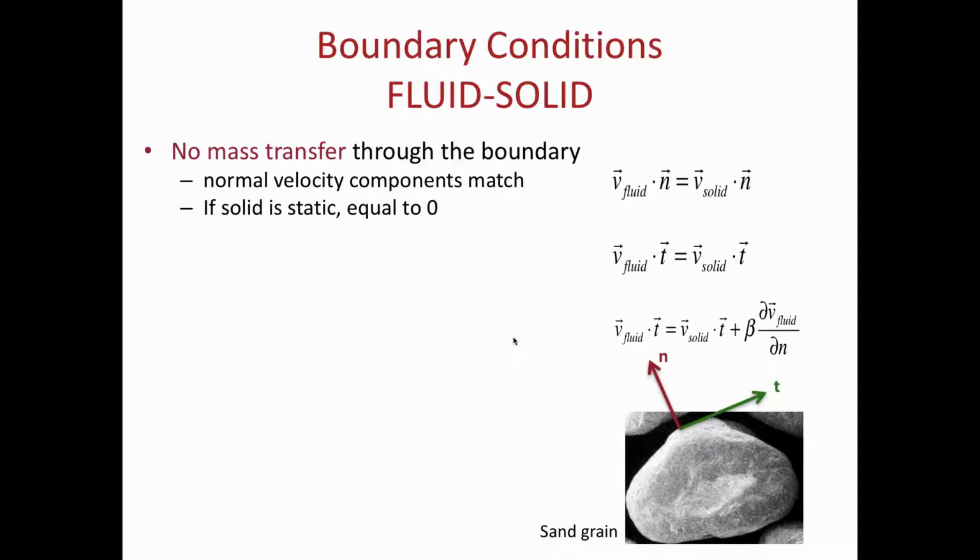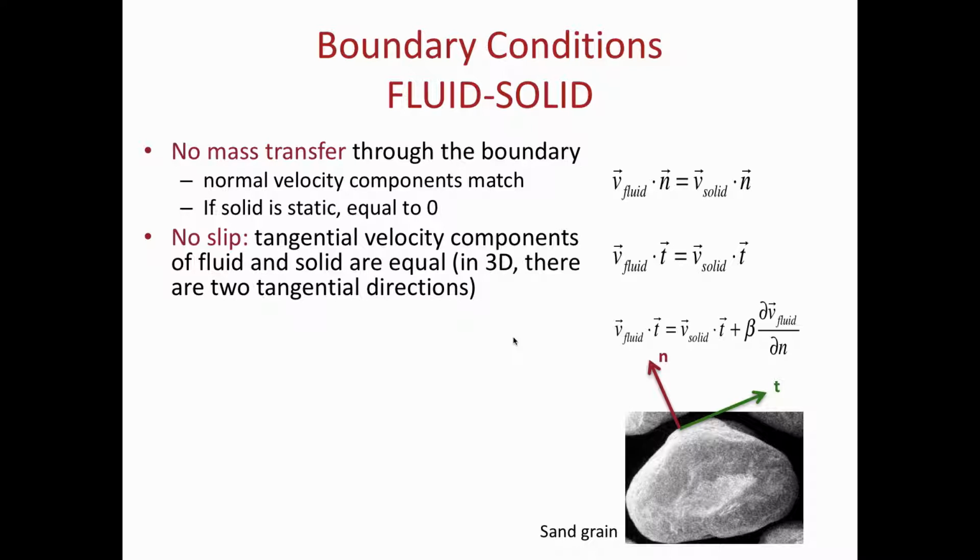If the solid is static, this normal velocity will be equal to 0, otherwise it's matching the velocity of that boundary. When I say no slip, I'm looking at the tangential velocity components. No slip formally means that tangential velocity components of both fluid and solid are equal.